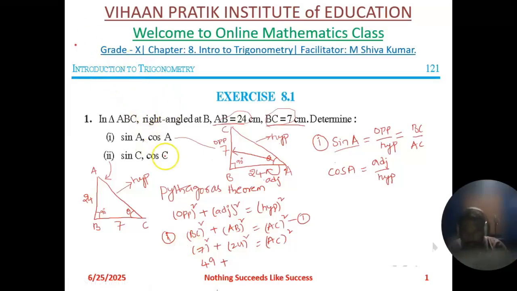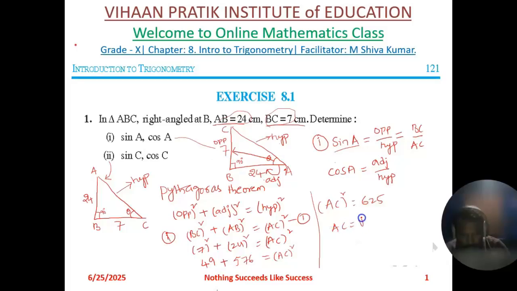So 7 square is equal to 49 and 24 square is equal to 576. Okay, now which will equal AC square, right? Now here 49 plus 576 will equal 625. So AC square equals 625.